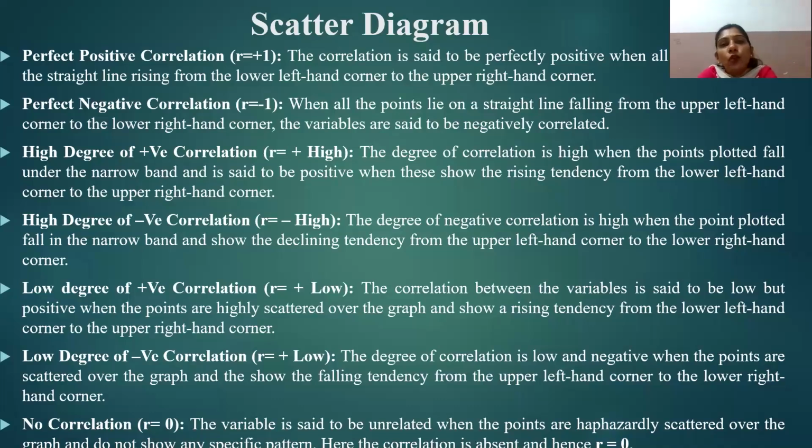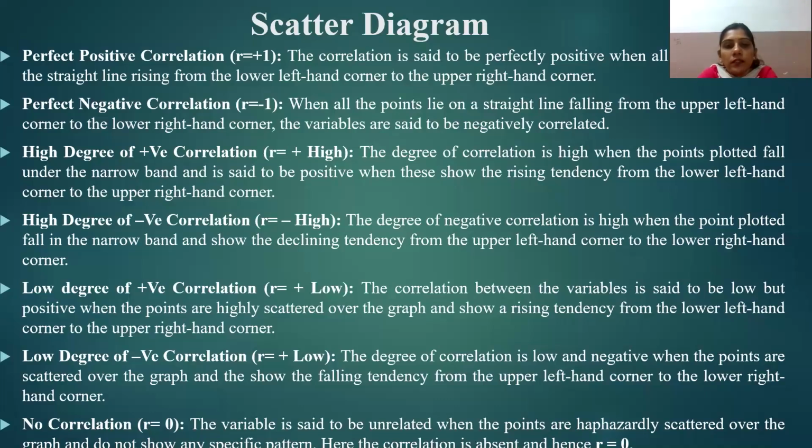Basically in this method, the values of two variables are plotted on a graph paper. One is taken along the horizontal axis, which is the x-axis, and the other along the vertical axis, which is the y-axis. When we plot the dots on a graph, there is the x-axis and y-axis for both the variables.